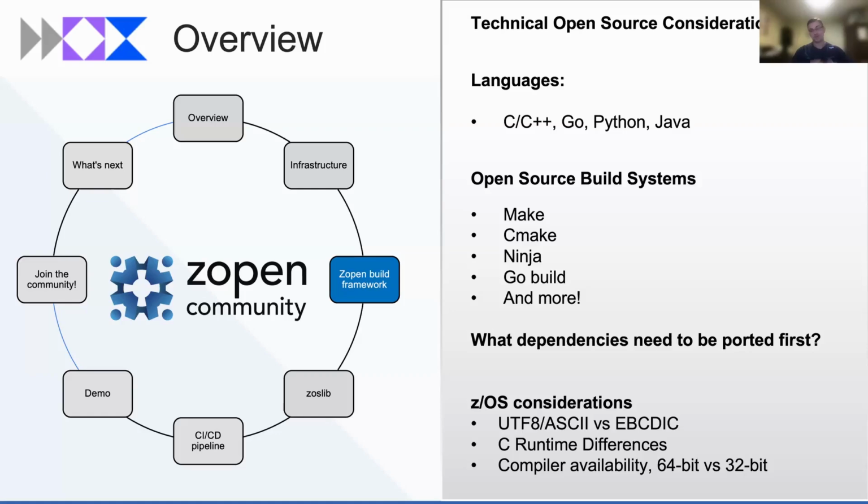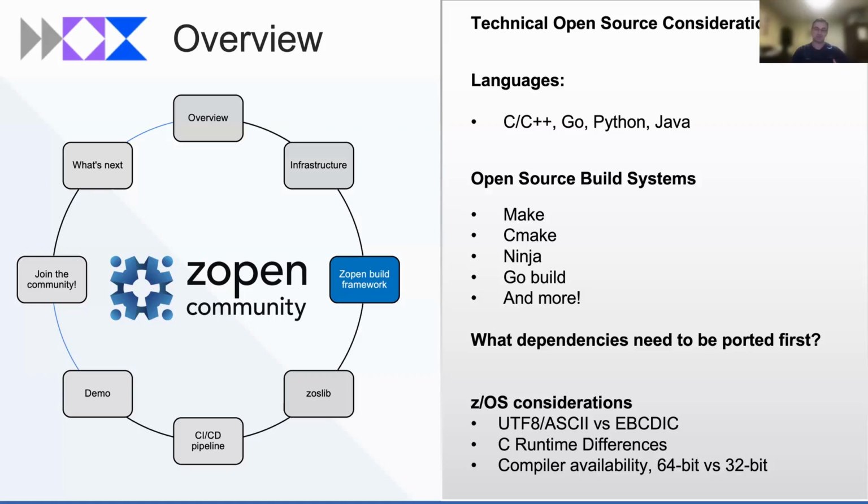Not only that, we also need to make sure that the build system itself is available on zOS. For the most part, we've ported many of these build systems to zOS, so typically you should be good to go. And then there are the dependencies. For example, when we first ported Git, we couldn't just start by porting the Git source code.